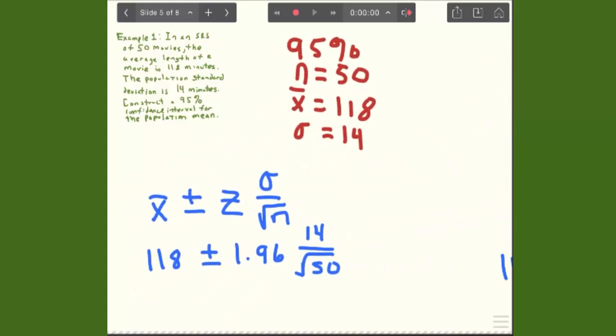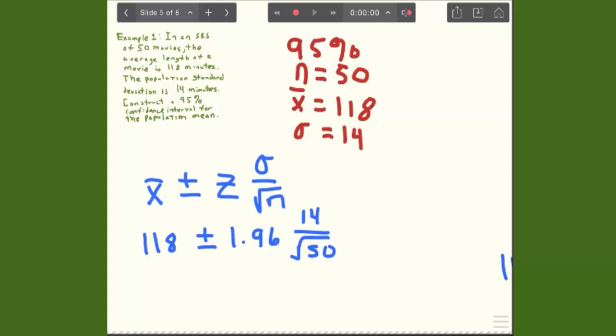So x bar plus or minus z times sigma divided by the square root of n. Just plug them in. 118 plus or minus 1.96. If you wrote down those values from a minute ago, for 95%, z is 1.96. 14 divided by the square root of 50, and that calculates out to be 114.12 to 121.88.